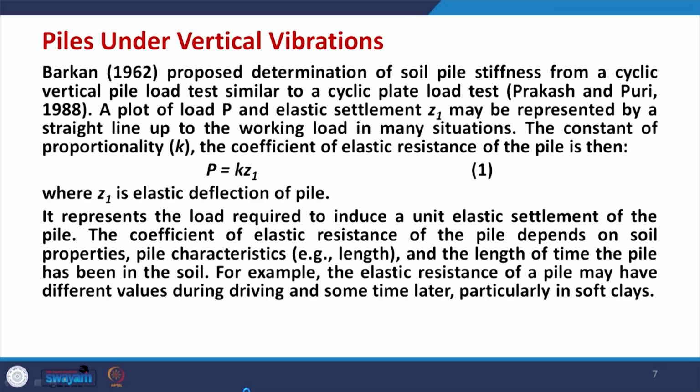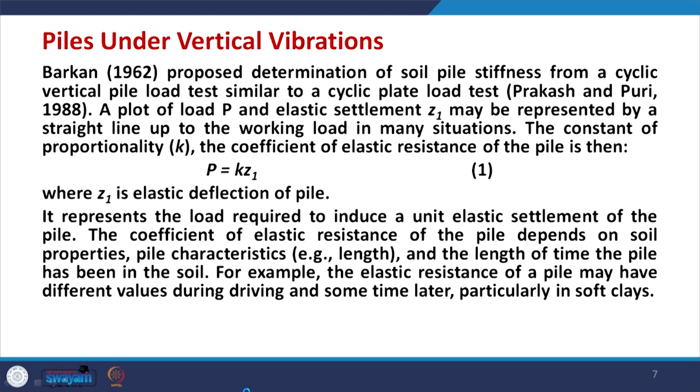So, the relation between force and displacement could be elastic up to a certain limit, and if we assume that elastic conditions prevail, or let us say neglecting the nonlinearity of the soil, then the constant of proportionality K, the coefficient of elastic resistance of pile, can be worked out as P divided by Z1, where Z1 is the elastic deflection of the pile and P is the force applied for the Z1.